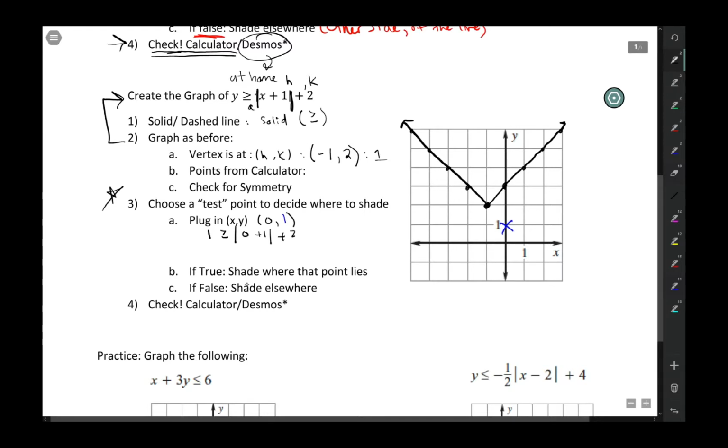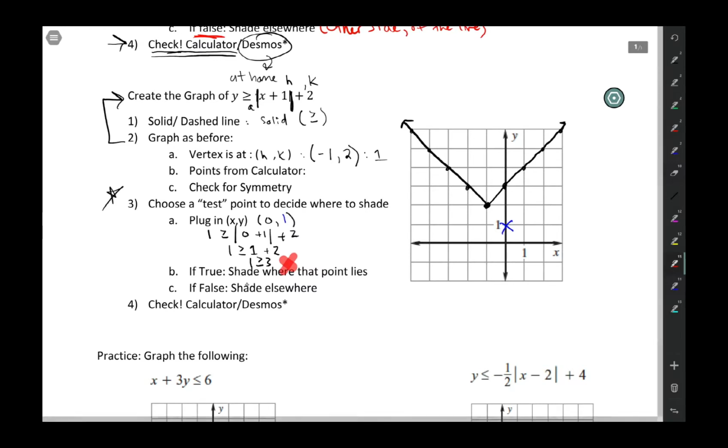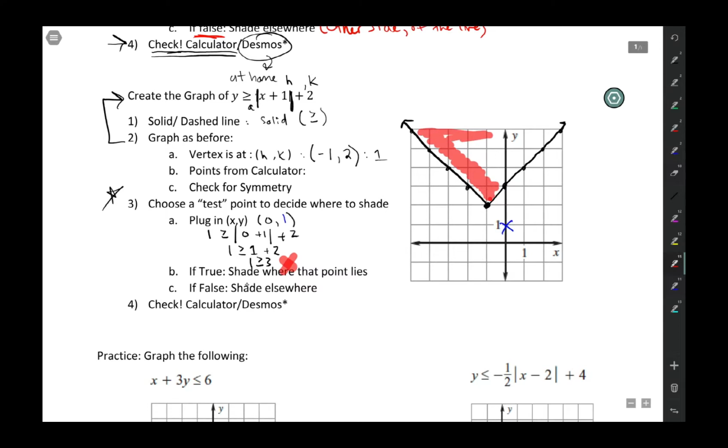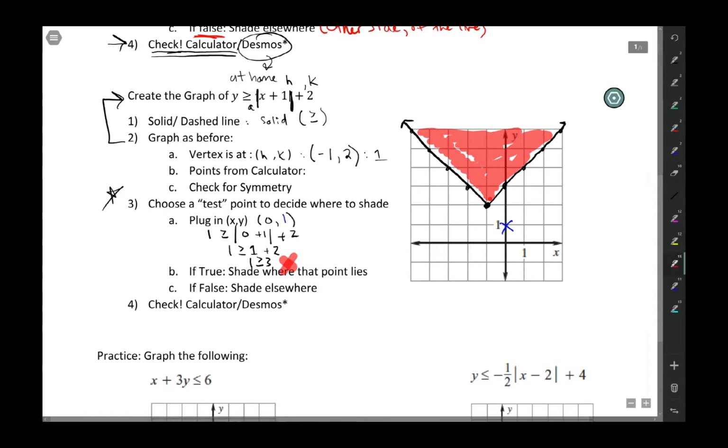Here's where all of the order of operations stuff comes in handy. So is 3 less than or equal to 1? That is false, meaning we want to shade everywhere that the point is not. So the point is on the outside of the graph, so we want to shade on the inside. Notice that again: the point is outside. Since it was false, we shaded inside.